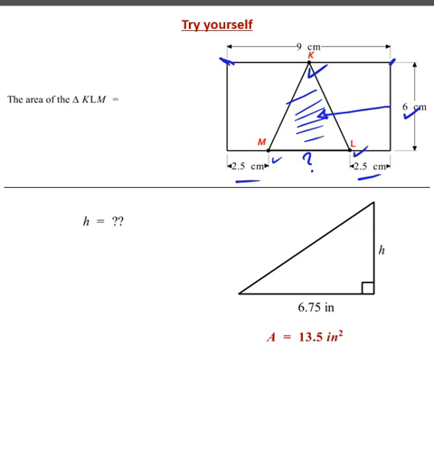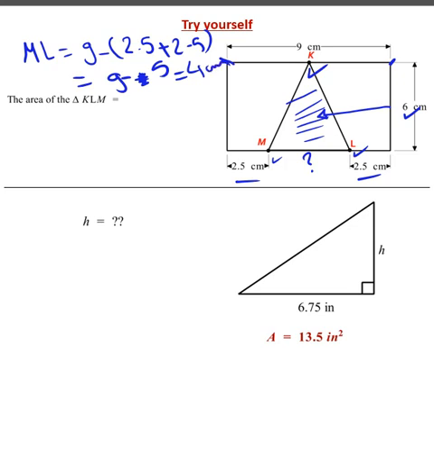Then the remaining part ML equals 9 minus 2.5 plus 2.5. 2.5 plus 2.5 equals 5. 9 minus 5 is 4 centimeters. So the area of the triangle KLM equals half times 4, the base, times the height, which is 6. You will get 12 square centimeters.